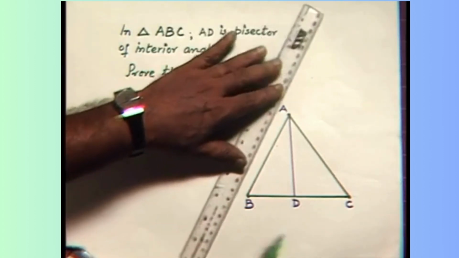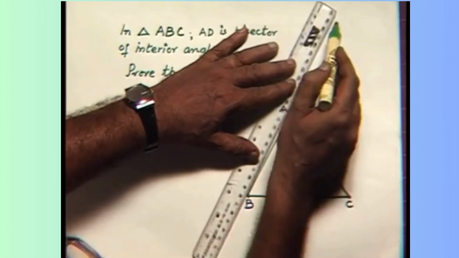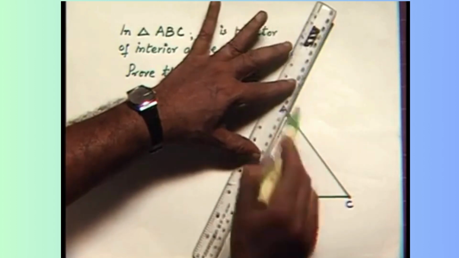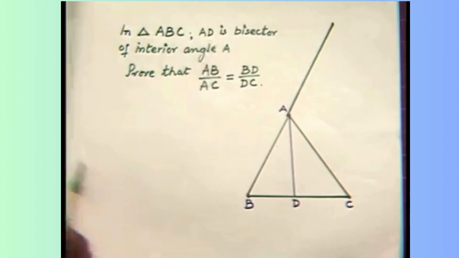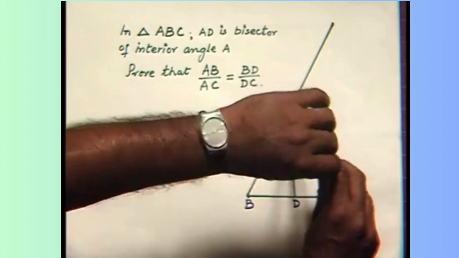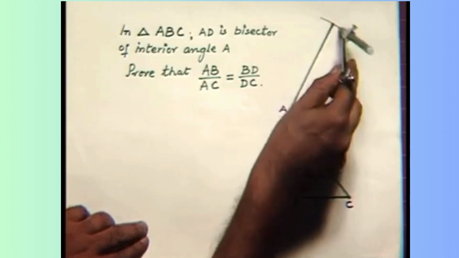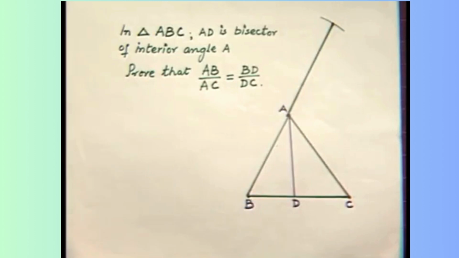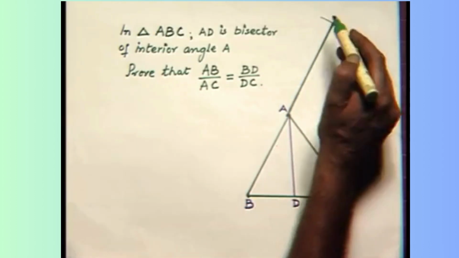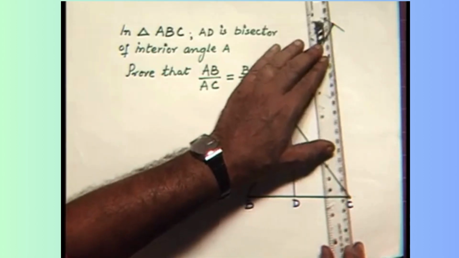I will extend this AB and cut off from this A point a length equal to AC. Let us name this point as F and join F to C.